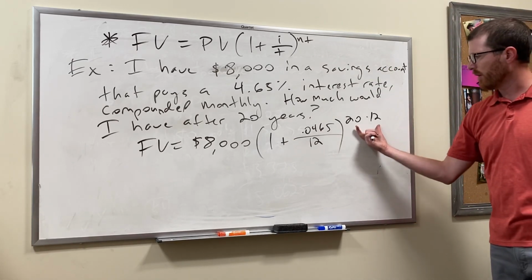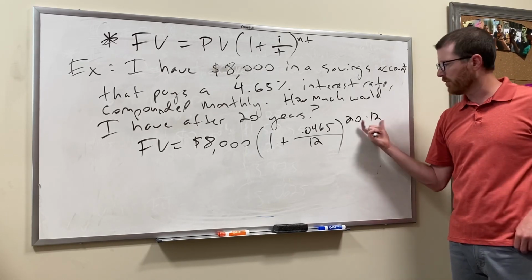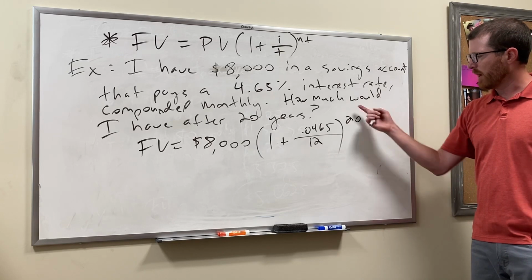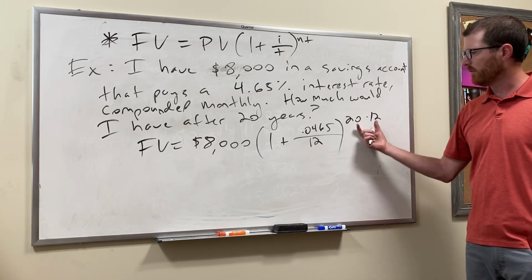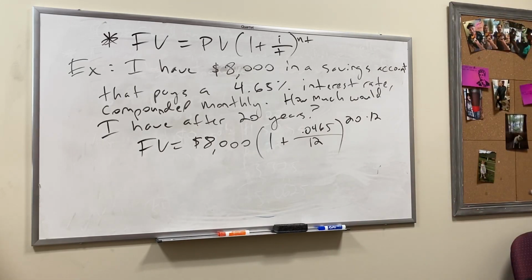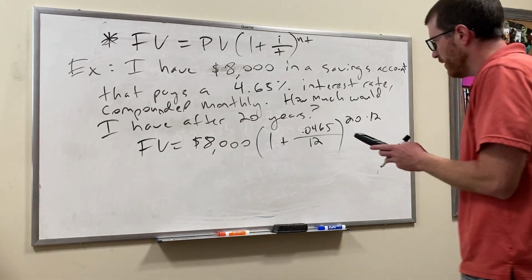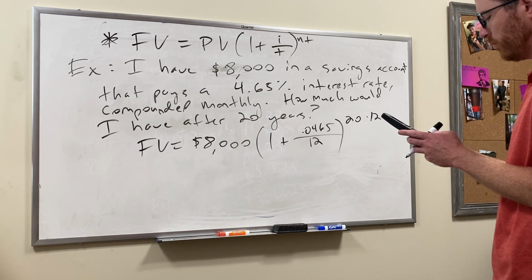Notice this right here is the number of times it'll be compounded totally, right? If we multiply these together, you got 20 years, 12 periods of compounding changes. This is the number of compounding times that it occurs, okay? So there we go. Let's see what I get. You guys should be doing this on your calculator too. I know it's tempting just to watch me do this, but I'm telling you, people make mistakes when they don't practice.